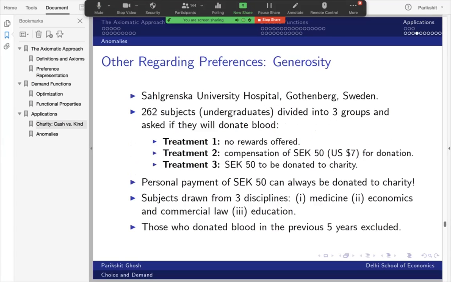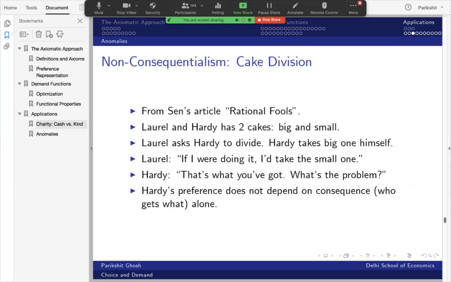Question: would it be right to say that most of the economics that we are studying is in a way consequentialist? Absolutely, yes. This is what non-economists often don't get. The limitation of the framework that we just studied is not the assumption of selfishness, because that is not a deep assumption in that framework.